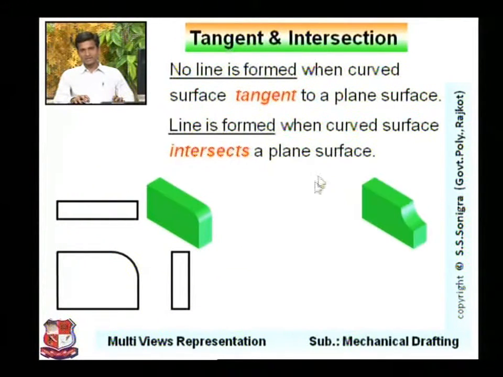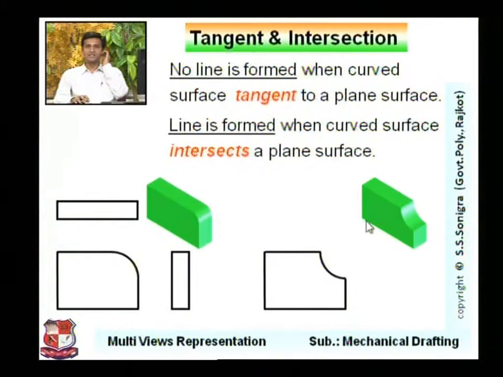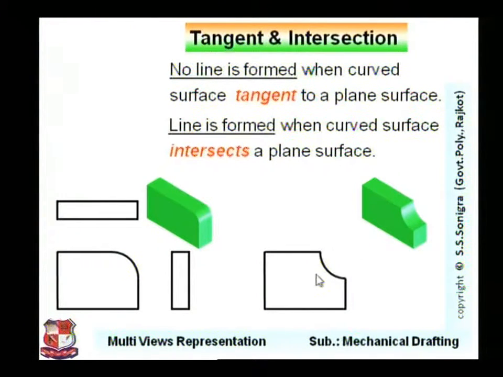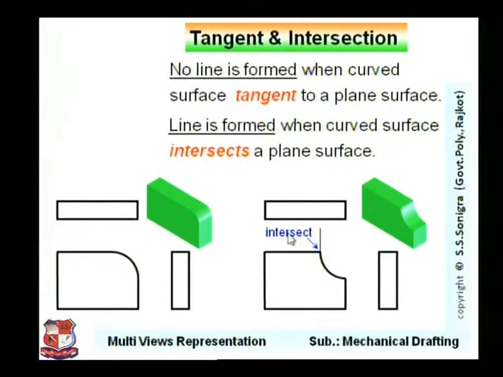And about second statement, if this is the case, so line is formed like this when the curved surface intersects a plane surface. Here this curved surface intersects this plane surface. So in this case, you can think about these two views, top view and side view. So here intersection is there, so line will be there.